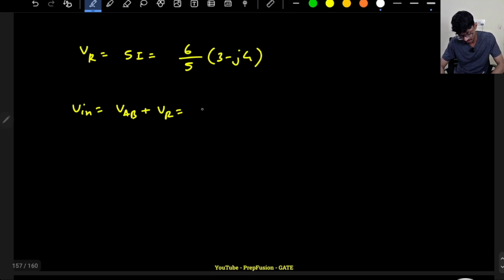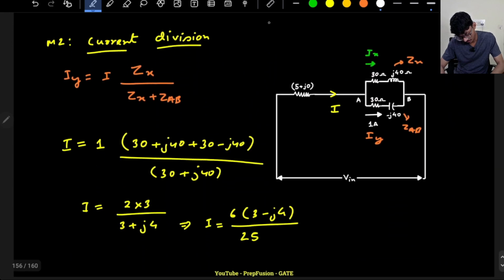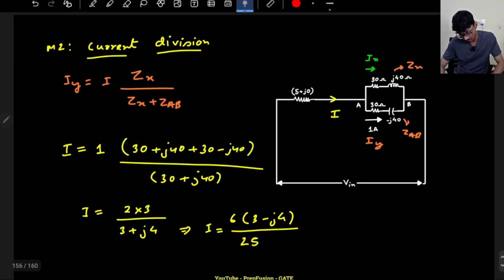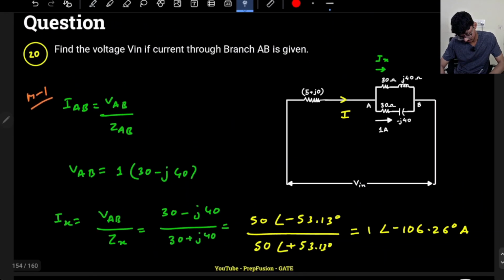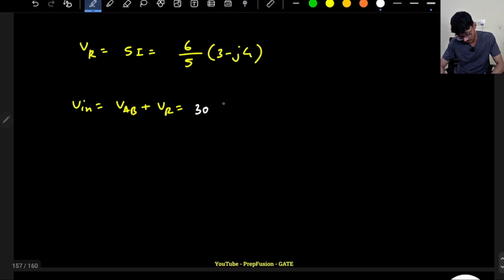VAB, if you remember, we calculated previously, it was 30 minus J40. This was the first thing that we did. So 30 minus J40 plus 18 by 5, which is 3.6, minus J 24 by 5, which is 4.8.